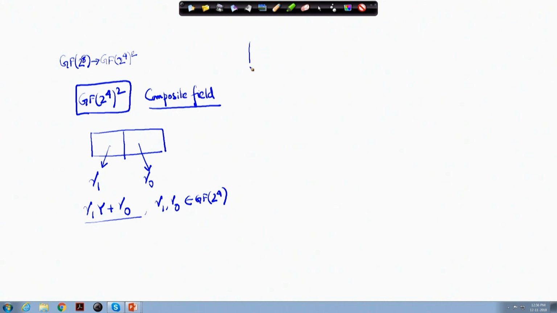Now what I want is to calculate (gamma 1 y plus gamma 0) to the power of minus 1, because I want to calculate the finite field inverse, and I want to do this modulo my irreducible polynomial. The irreducible polynomial here is R(y), denoted as y square plus tau y plus mu.